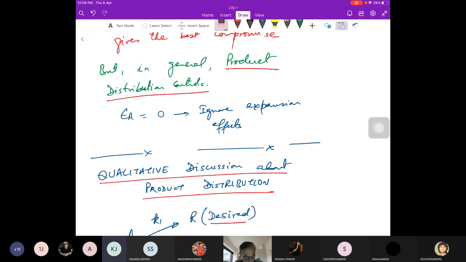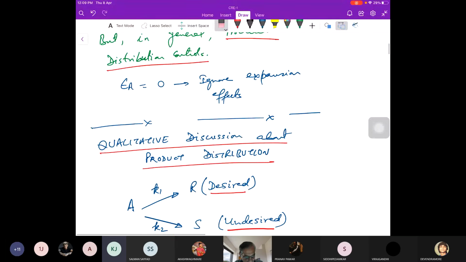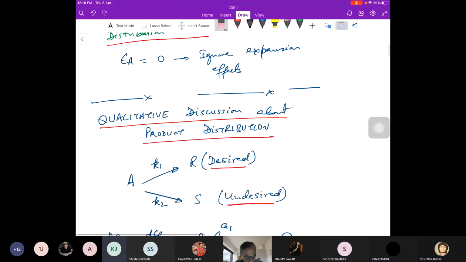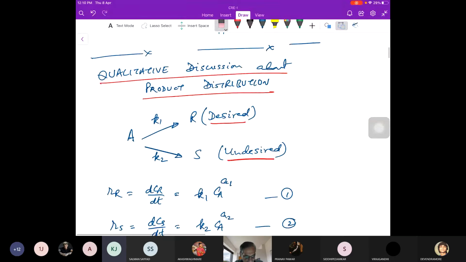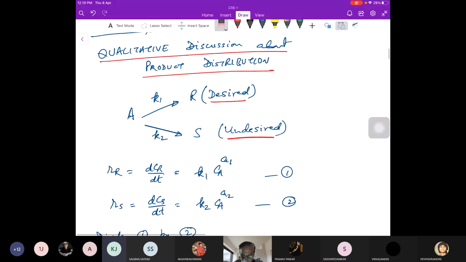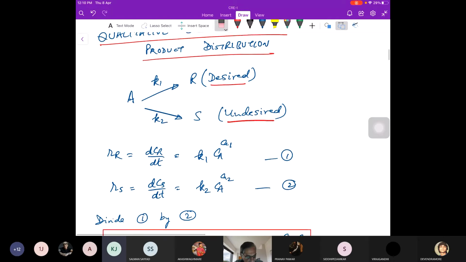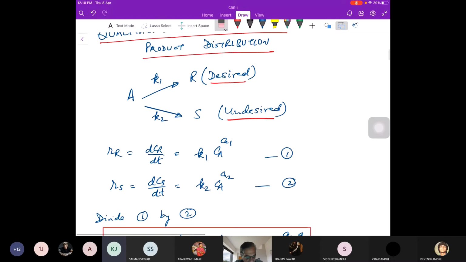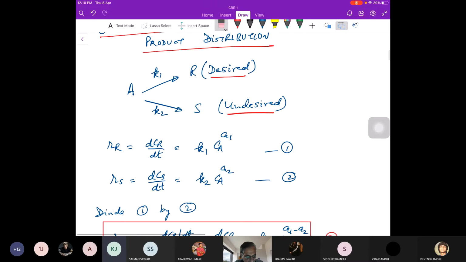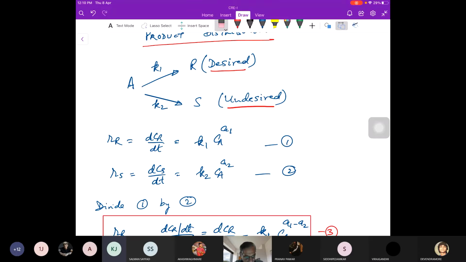So in this case, we are going to look at only epsilon A equal to 0 cases, liquid phase reactions, and we'll start with qualitative discussion. And then we'll go to quantitative discussion, how we actually derive how much is the product formed in situations like this. Okay, so we have a reactant A or A plus B, doesn't really matter what it is, going to give R, which is desired product, and a parallel reaction gives S, which is undesired product.